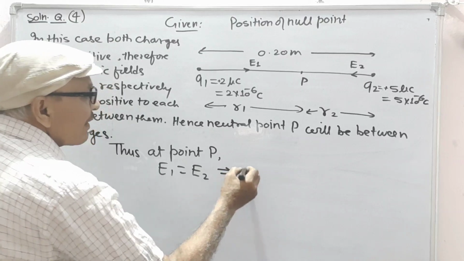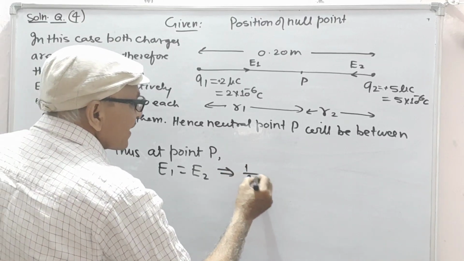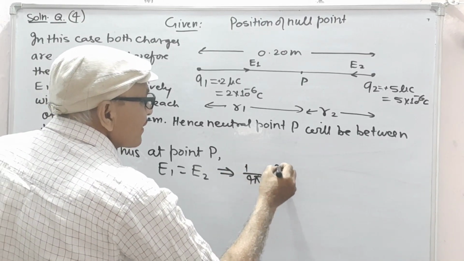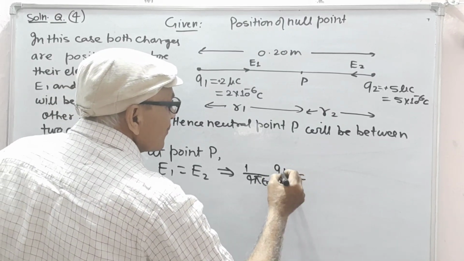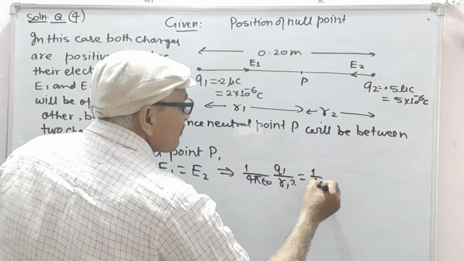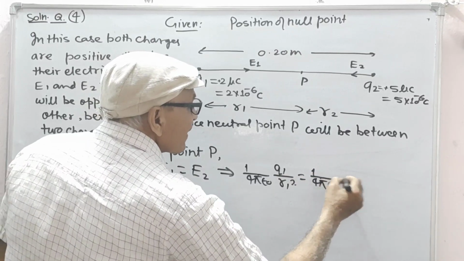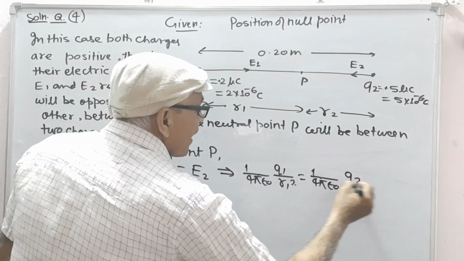Which gives 1 upon 4 pi epsilon naught q1 upon r1 square is equal to 1 upon 4 pi epsilon naught q2 upon r2 square.